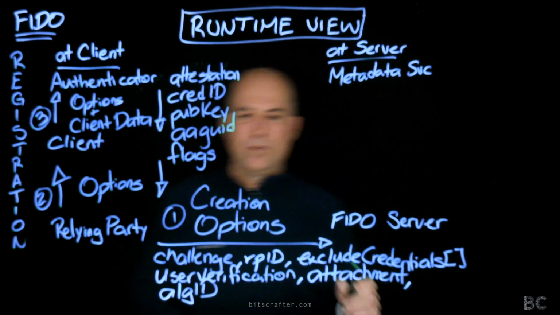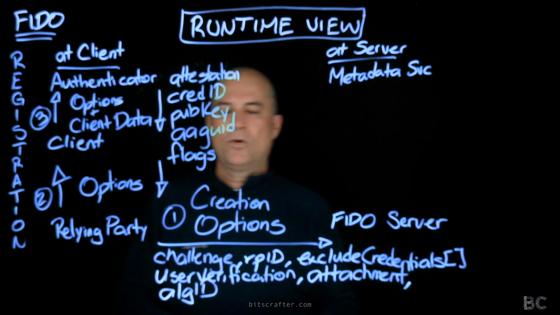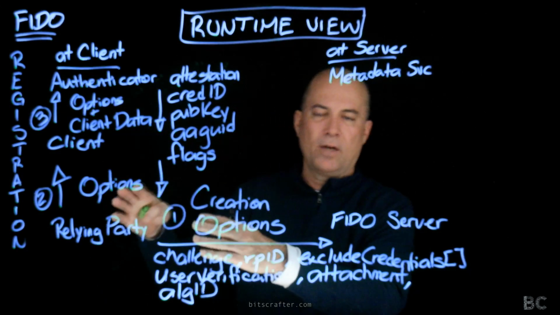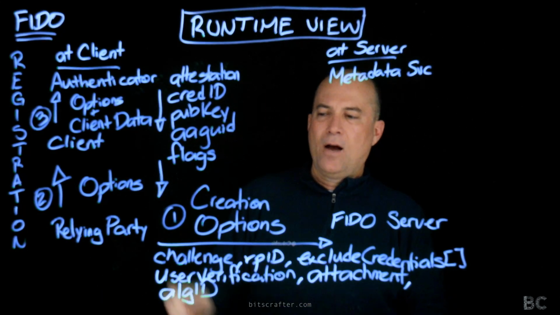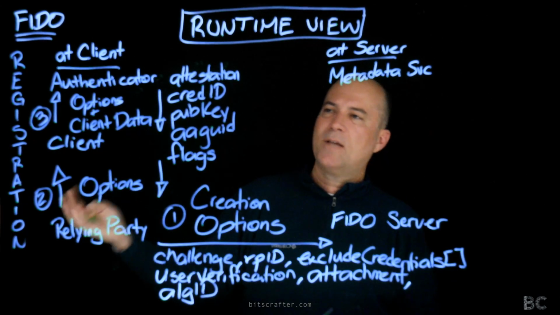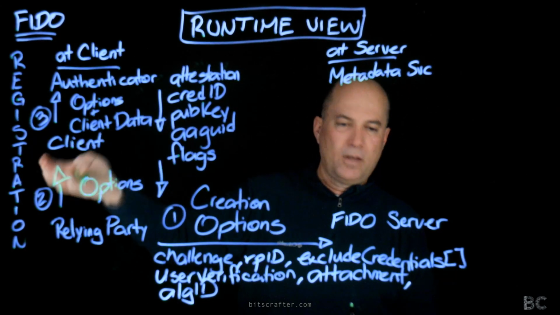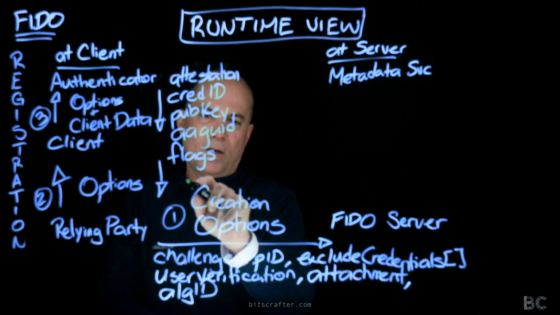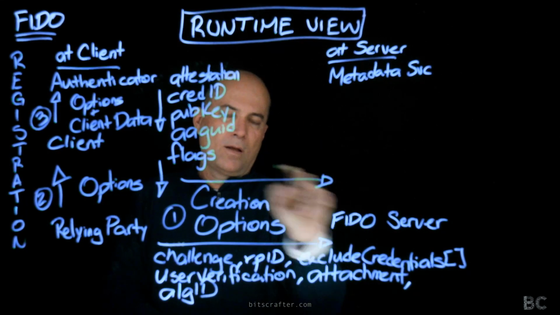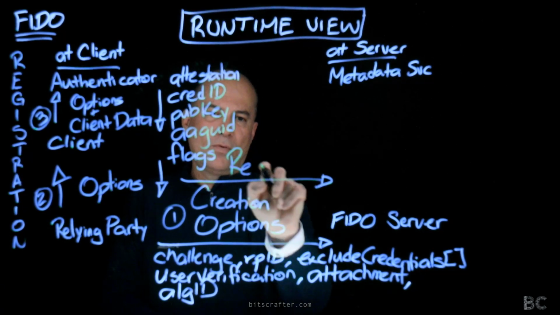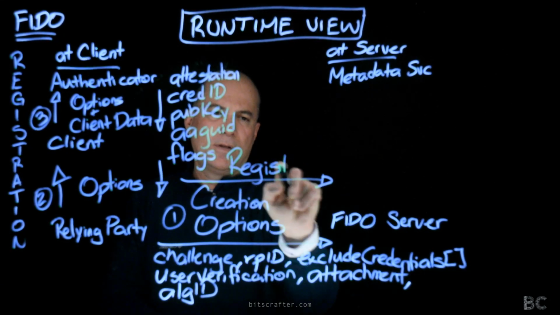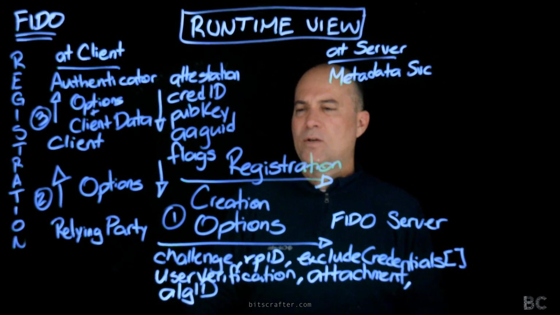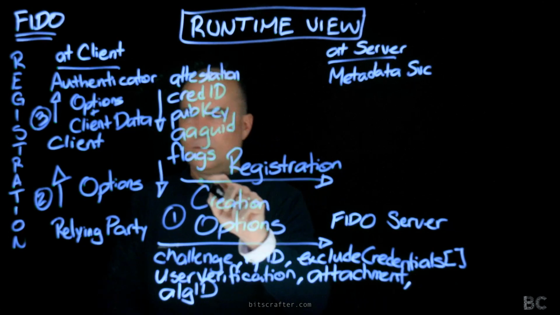Now let's go to the next step. The execution right now is in the RP on the client. Now the intention is to send the output from the authenticator to the server, because at the end the server is the one who must have the final say on whether this registration is acceptable or not, right?